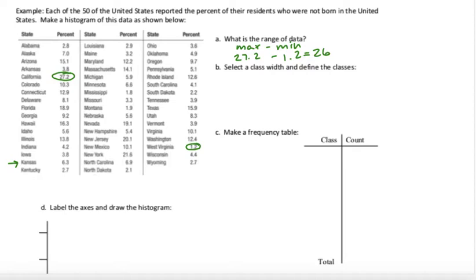We don't know when this data was recorded, so even though they give us the data, we have some questions about when it was collected, because it may have changed, increased or decreased. The first part is knowing how big of a data set we have: a range of 26 percentage points.